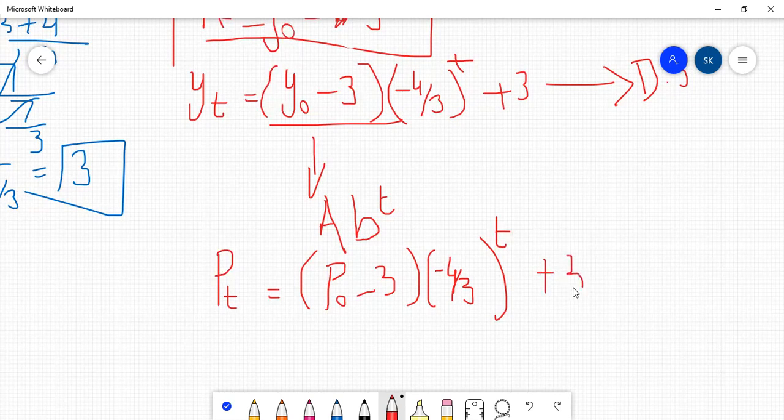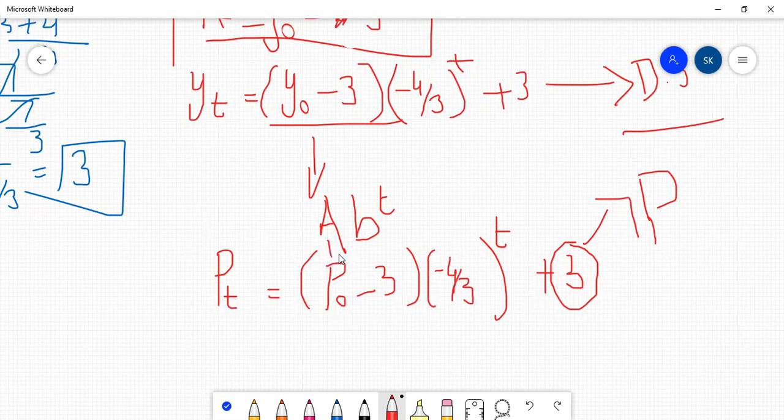Over here, according to the derivation, this 3 is the value of equilibrium prices. That is, this 3 is referred to as equilibrium price. So p_t is equal to (p naught minus p bar) into (minus 4 by 3) raised to power t, plus 3. This is the solution for this particular question.